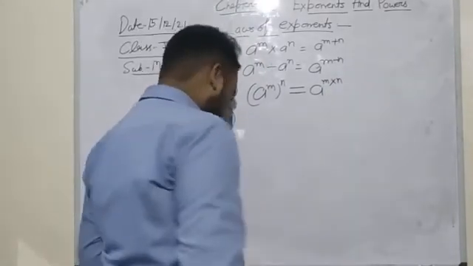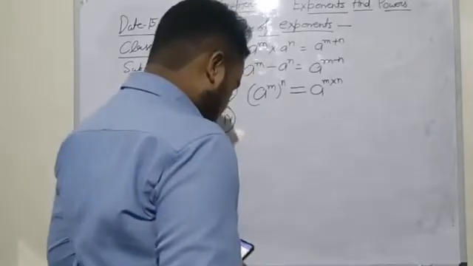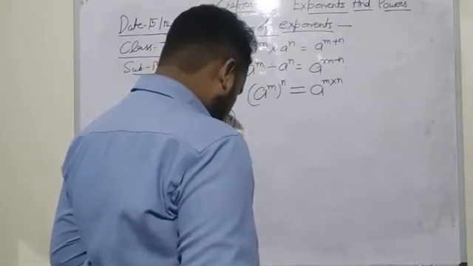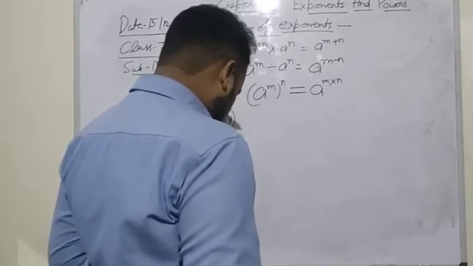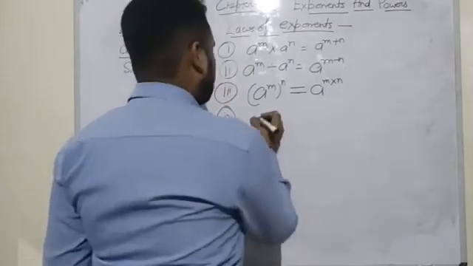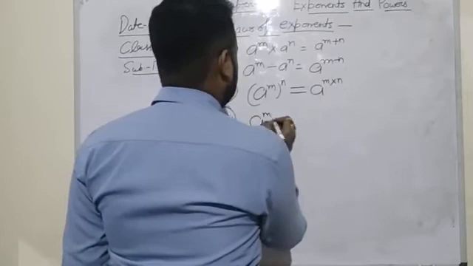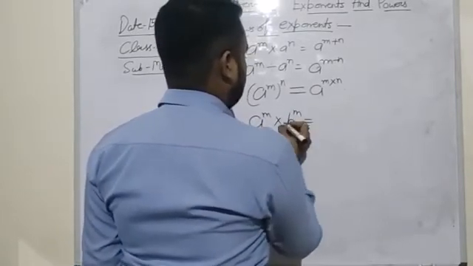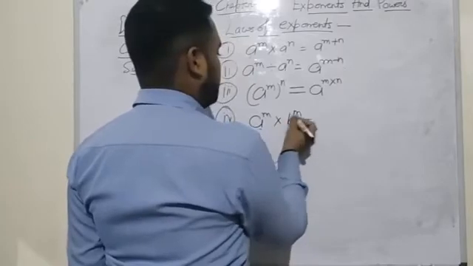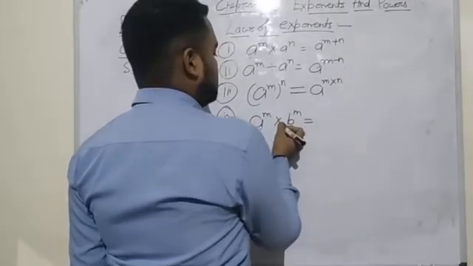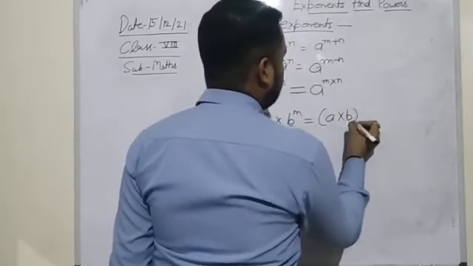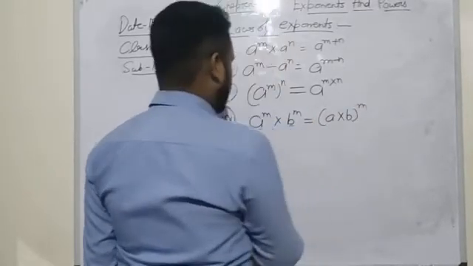And fourth, if the bases are different and the powers are the same, and with a multiplication sign, then it will be written as a into b whole to the power n.